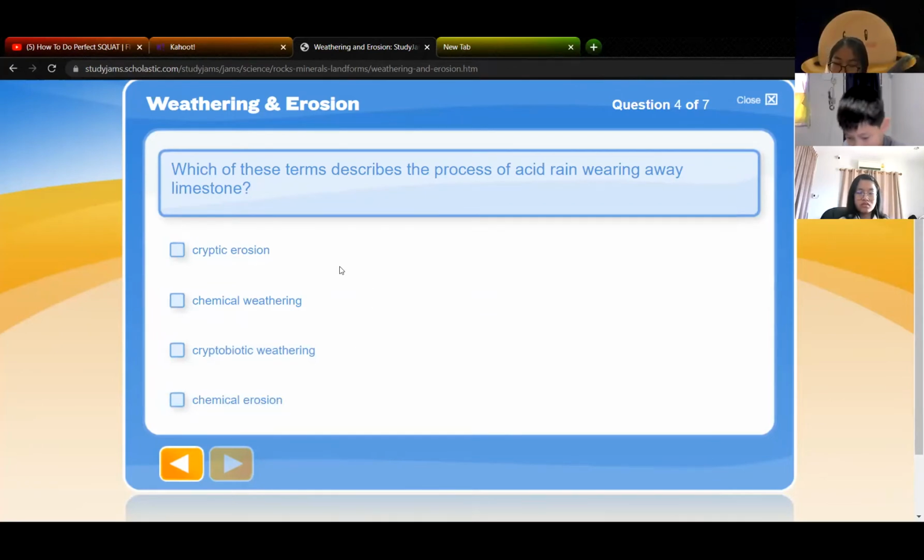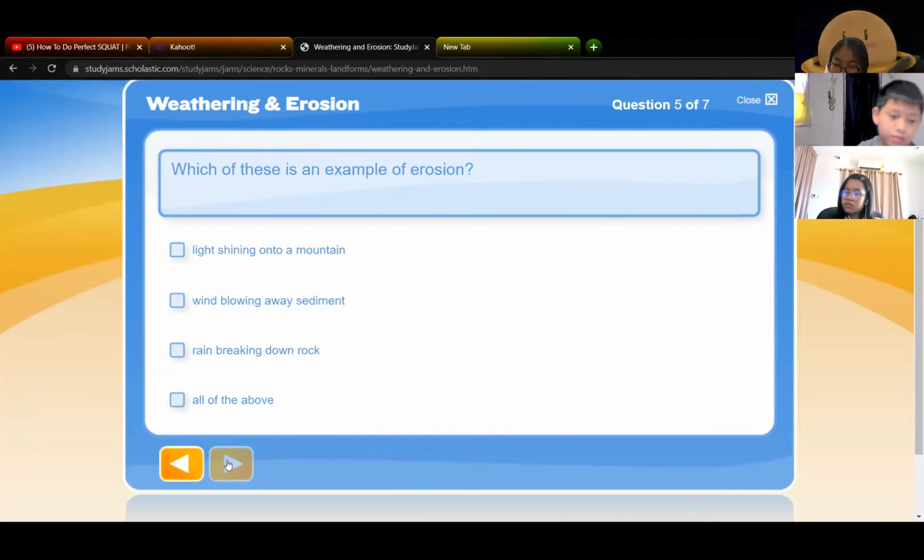I'll just give you an option. Chemical weathering or chemical erosion? What's the answer? Parinia? What's your answer? Chemical weathering? Okay, chemical weathering, Parinia said. All right, so let's proceed.